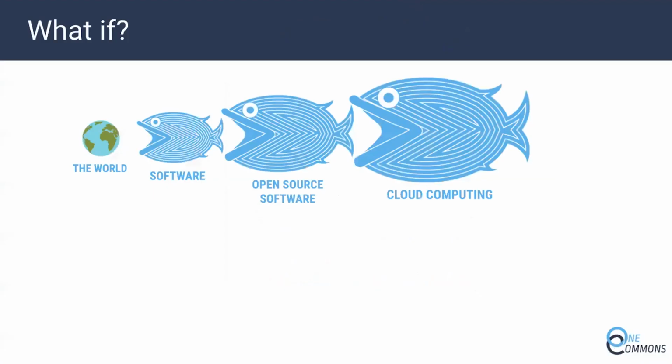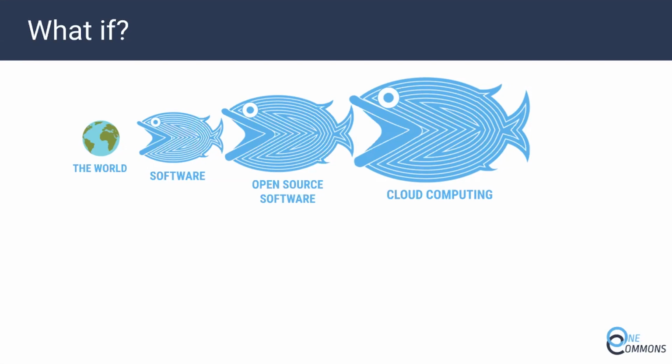And so finally, I want to end with a question. Marc Andreessen famously said, software is eating the world. And we have seen how open source has become the dominant methodology for creating software, especially at the infrastructure level, in the middleware level. And we've seen how cloud computing is really displacing software and everything is moving to service.